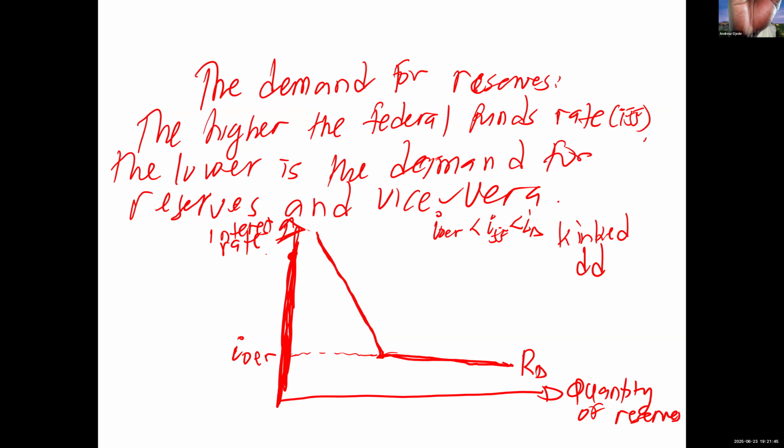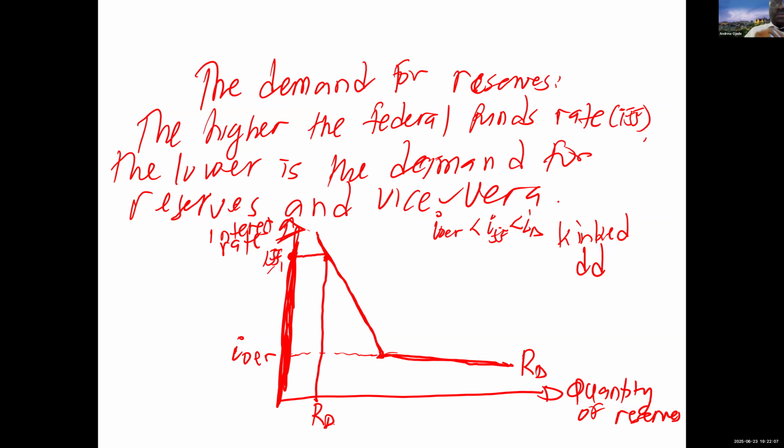So let's say the federal funds rate is IFF1. From the law of demand, because the federal funds rate is the price that banks pay when they choose to borrow reserves from other banks, when the federal funds rate is high, you draw a line, you hit the demand curve here, and the quantity demanded of reserves is going to be low.